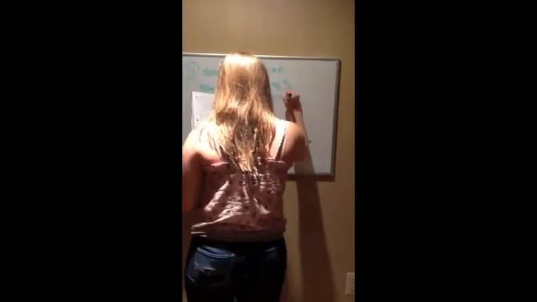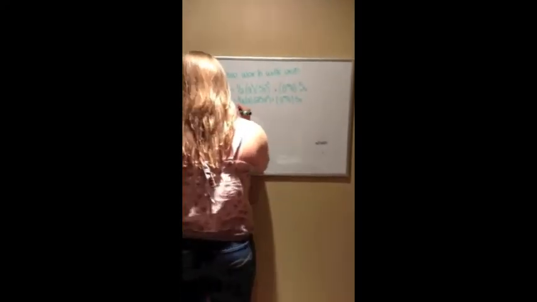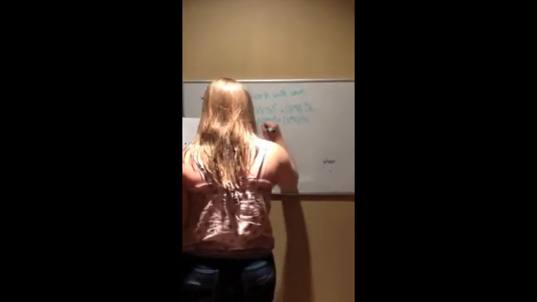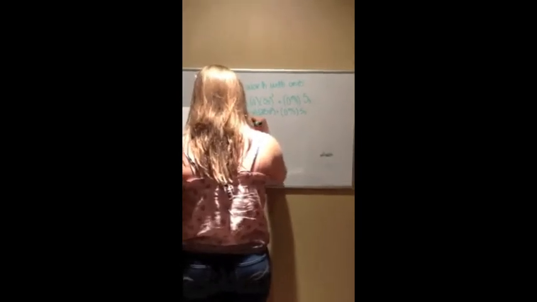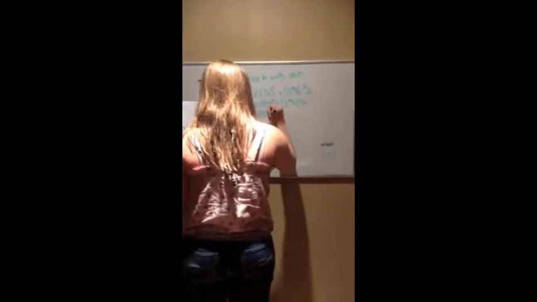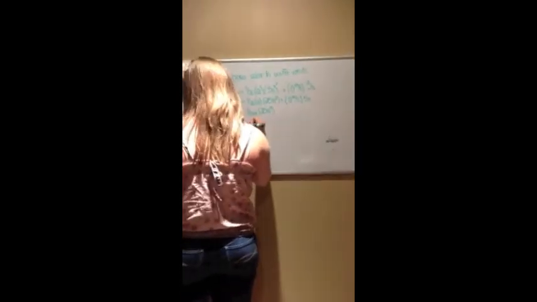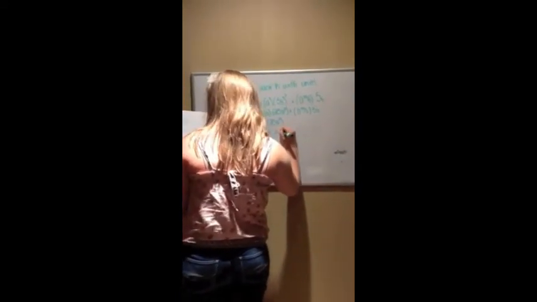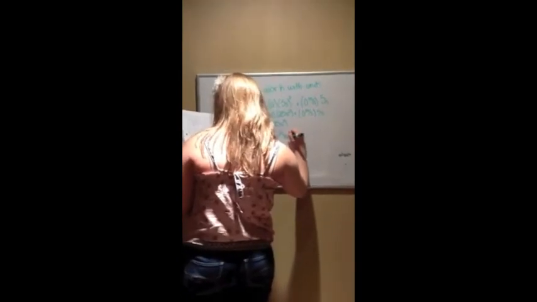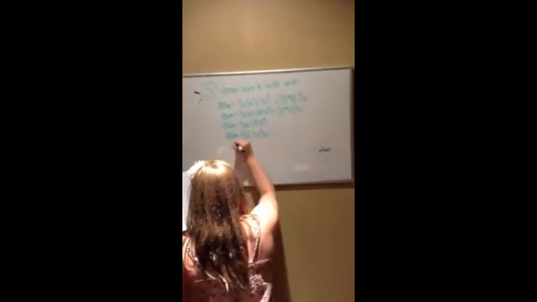We simplified again to 100 meters equals half acceleration times 25 seconds squared, which then we simplified down to 100 meters equals 12.5 seconds squared times acceleration. We divided both sides by 12.5 seconds squared, which got us 8 meters per second squared, which is the acceleration.